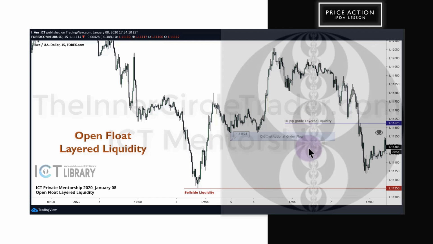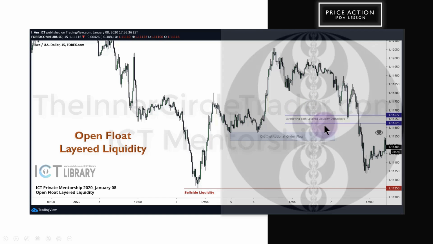Now, if we take both of those levels and overlay them on our chart, 111.67.2 is 10 pips above this low here, and 10 pips above this low here takes us to 111.62 and a half. In this range, this is a specific layered liquidity demarker.